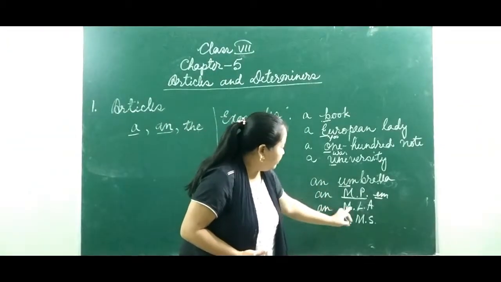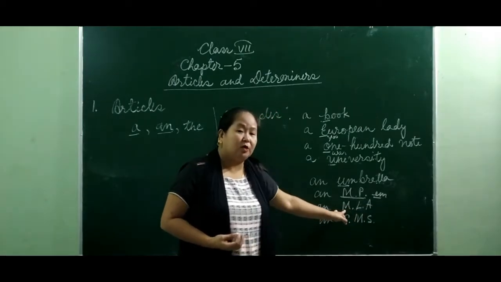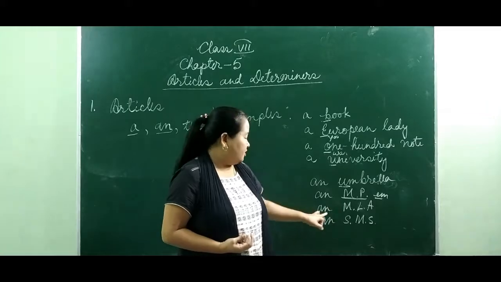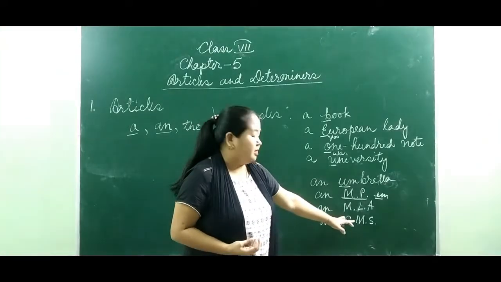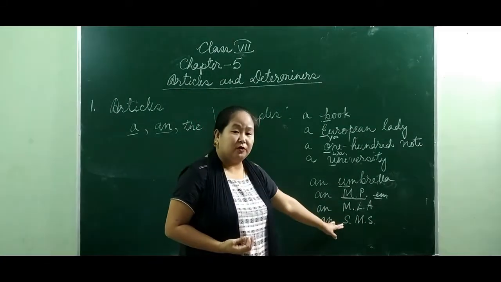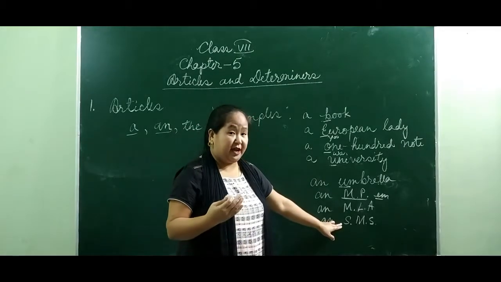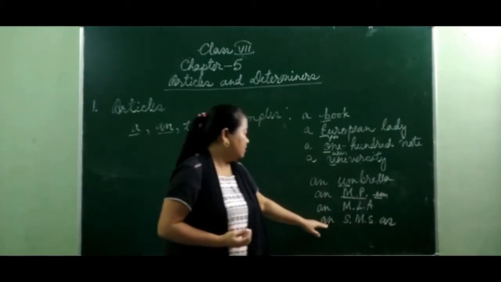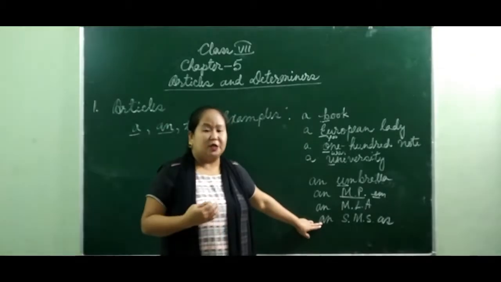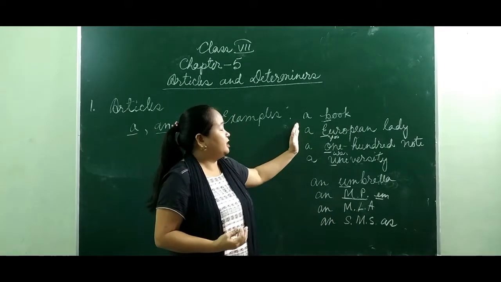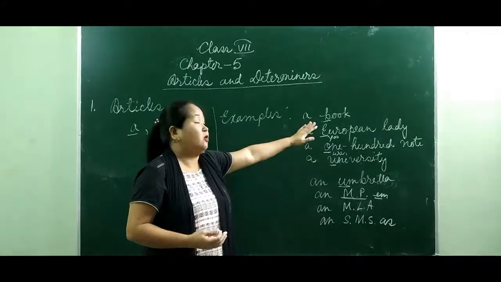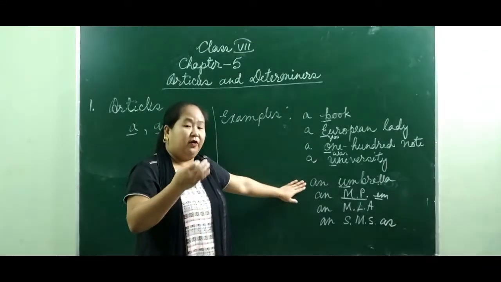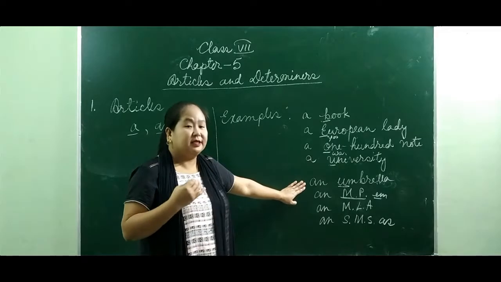An MLA. This is also a consonant letter, but the sound is 'em', so an MLA. Now, an SMS. S is a consonant letter, but the sound is 'ess', so it is a vowel sound, so article an is used. So article a is used before a noun that starts with a consonant sound, and article an is used before a noun that starts with a vowel sound.